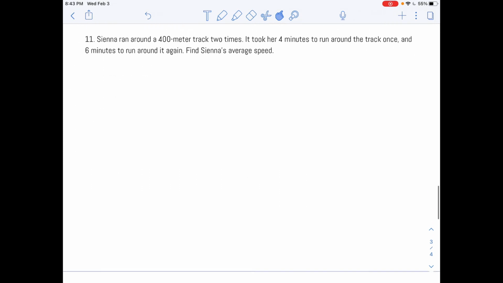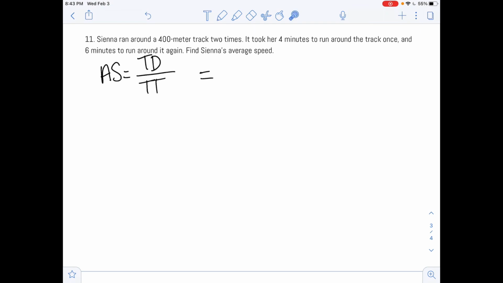And the last problem to continue practicing average speed. Sienna ran around a 400-meter track 2 times. It took her 4 minutes to run around the track once and 6 minutes to run around it again. And we're going to find her average speed. So again, our average speed equals total distance divided by total time.